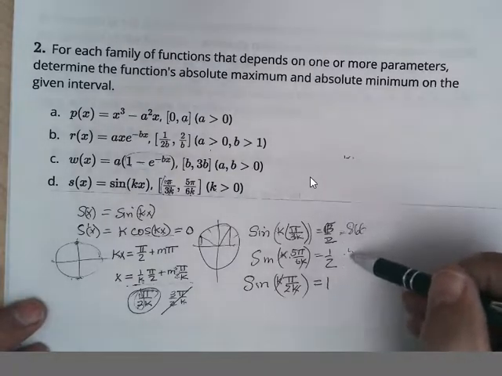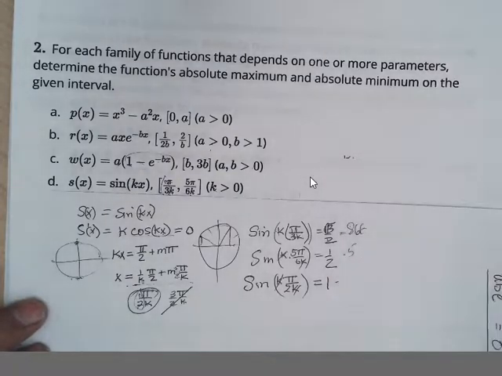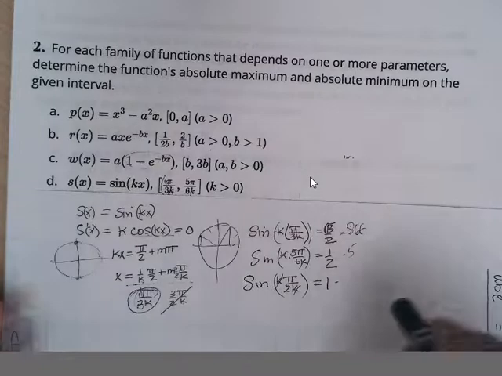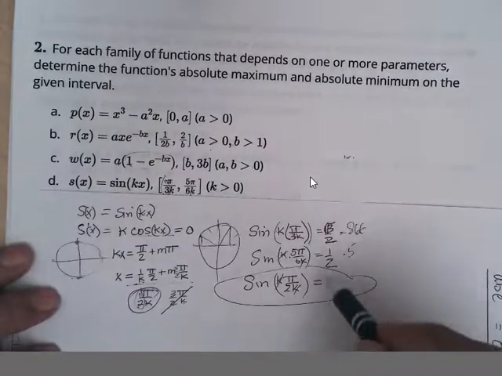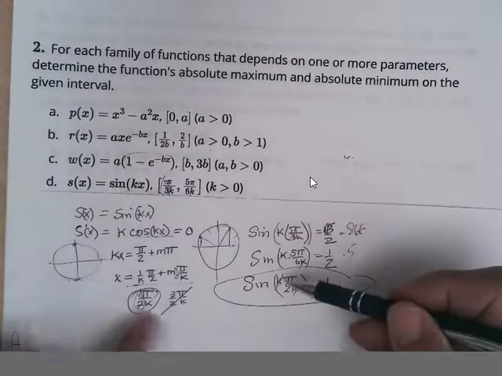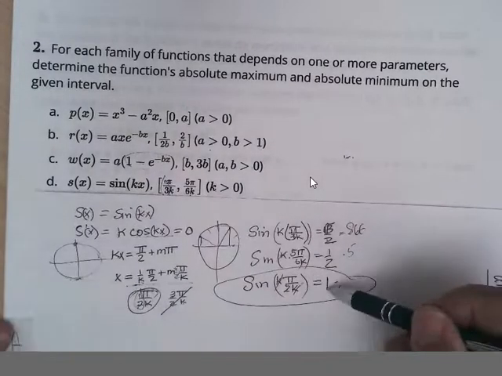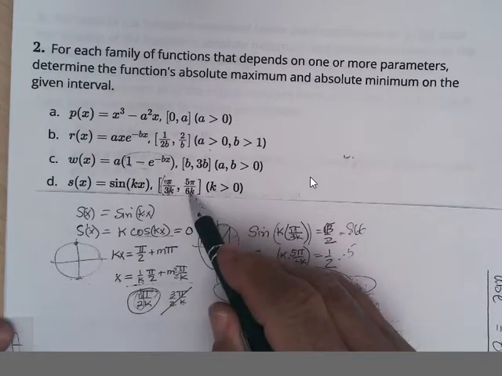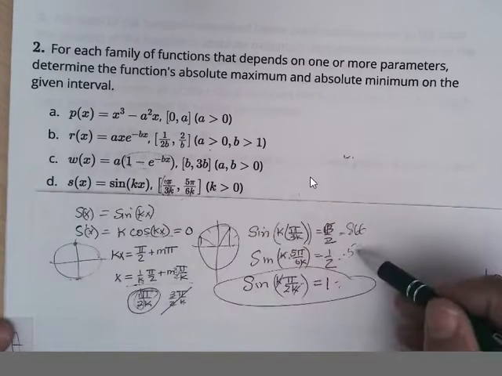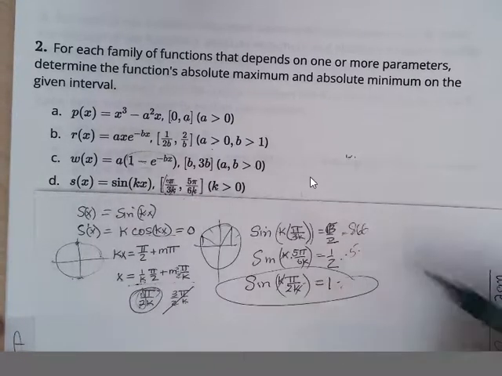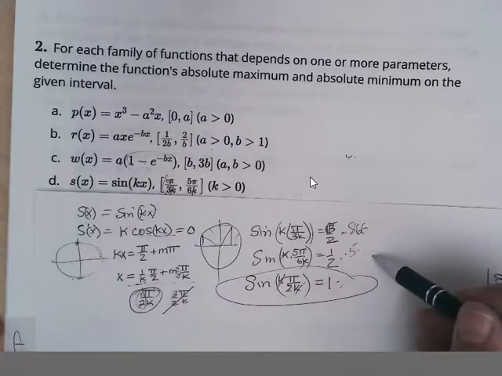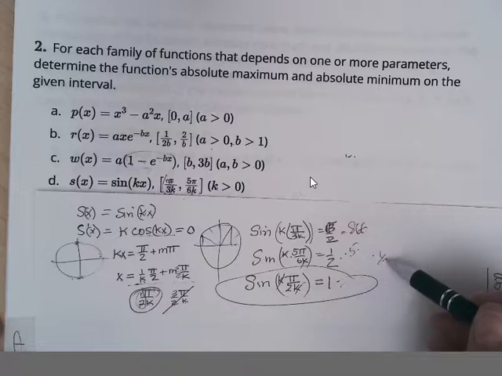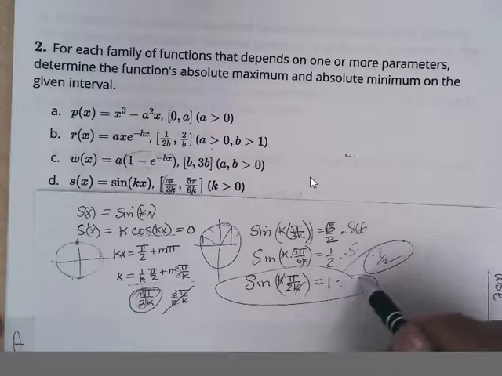This is 0.5. This is 1. So the max happens at the critical value, and it's 1, and the min happens at this end of the interval, at 5 pi over 6k, and its value is 1/2. Okay.